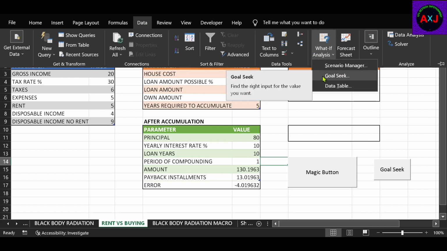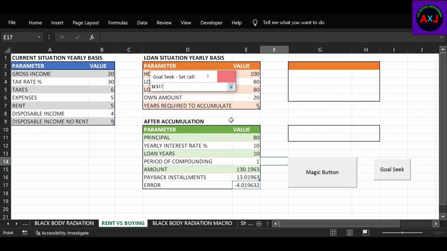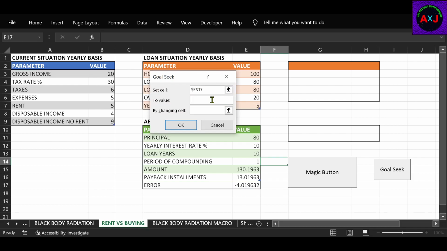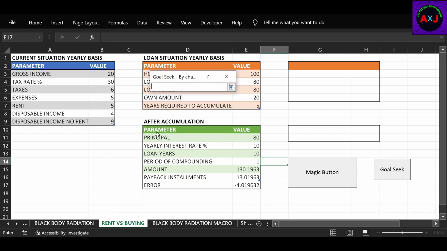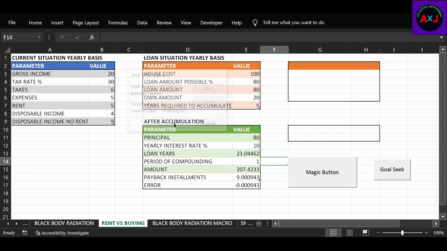The set cell will be the error cell. The true value shall be 0, as the error will always be 0. The changing cell will be the number of years. Press OK and GoalSeek solves the problem. Again press OK to accept the result. So I have to take the loan for 23 years to ensure no bankruptcy.